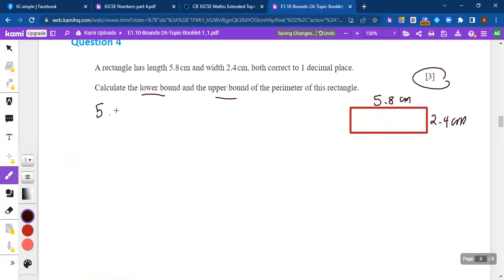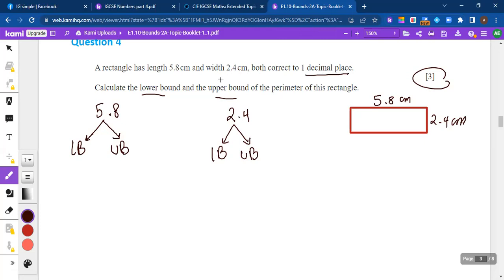So here for 5.8, I will find the lower bound and the upper bound. Do the same with 2.4. Find the lower and the upper. To the nearest one decimal place, both of them.